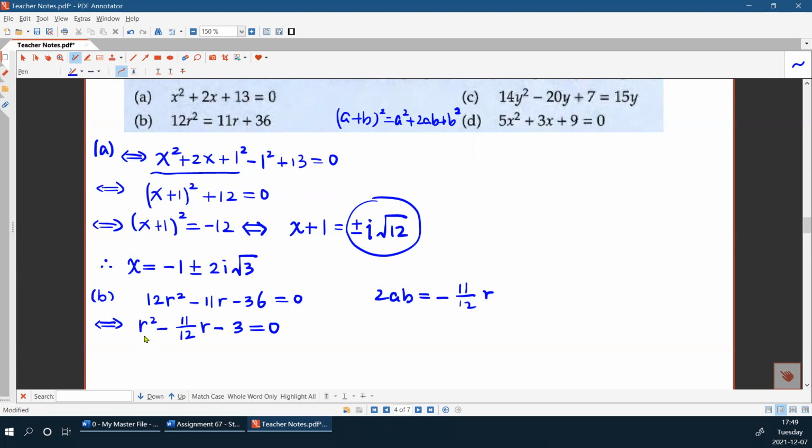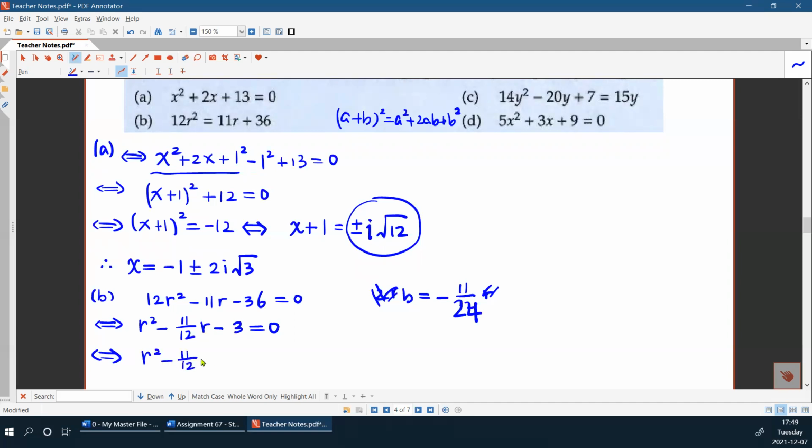And then we know a is r, right? So a is r. So what is b? If you divide both sides by 2, you will get minus 11 over 24 r, right? So b must be 11 over 24.